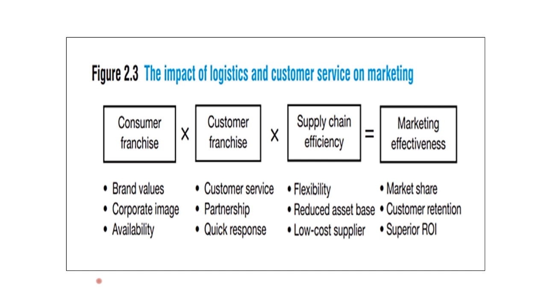So for supply chain efficiency, flexibility, reduce asset base, and low-cost supplier. So when you multiply those three elements or the impacts, you can create a tinatawag nating marketing effectiveness. So marketing effectiveness, it means the combination of all three impacts.